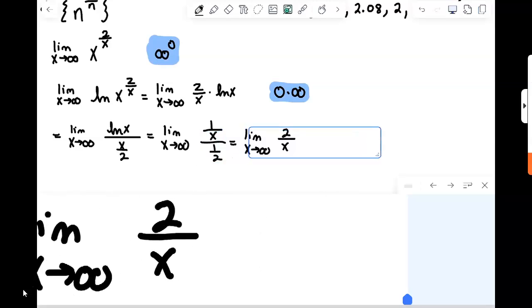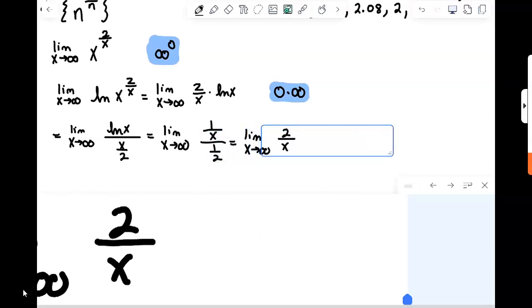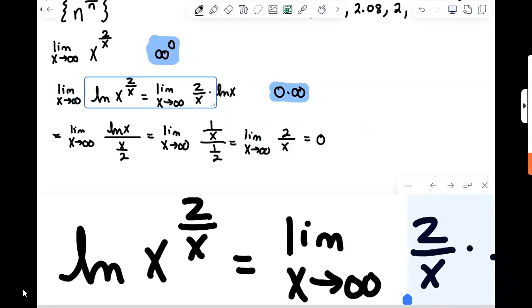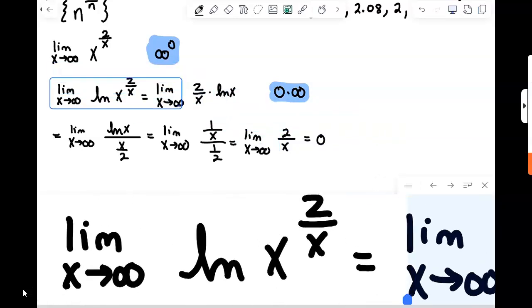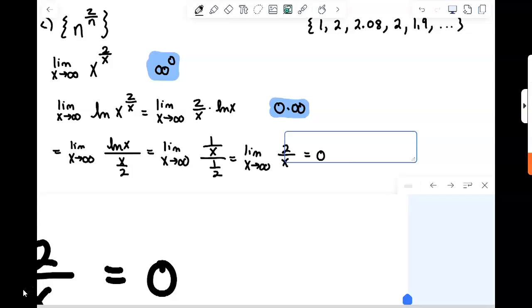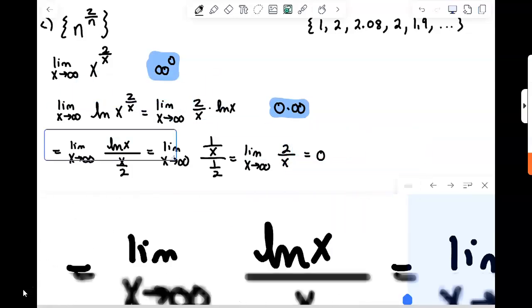Now as x goes to infinity, 2 over x goes to 0. So the limit of the ln of x to the 2 over x goes to 0, but we want the original limit, so we raise e to that answer.